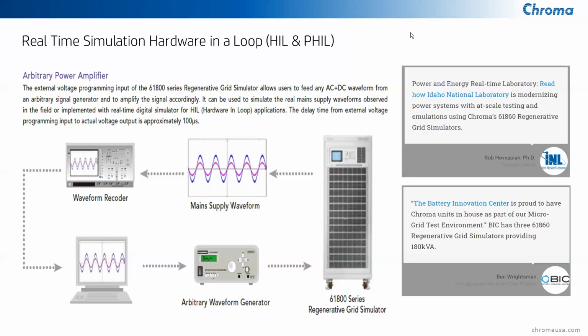The other thing great about this is that our engineering group, our R&D guys, have made it so that the timing between the time you inject a low voltage input to control the unit and the time the output actually changes is less than 100 microseconds. In fact, in our 105 kVA unit, it's less than 70 microseconds, which is an incredibly fast response.